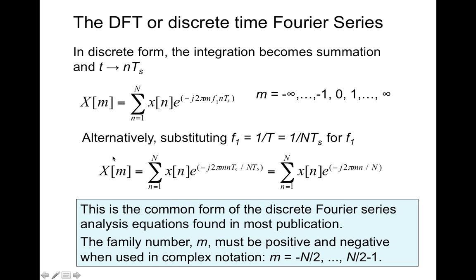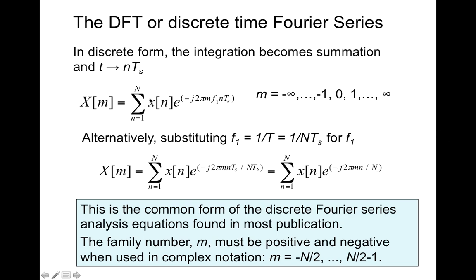And so finally, what you end up with is this form here, where you have capital X sub m in terms of the level of transform, or the family member number or frequency, which is m. n is your sample number, which is related to time, and capital N is your total number of samples.